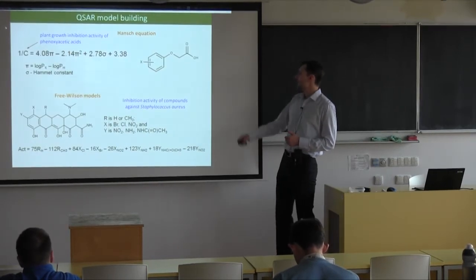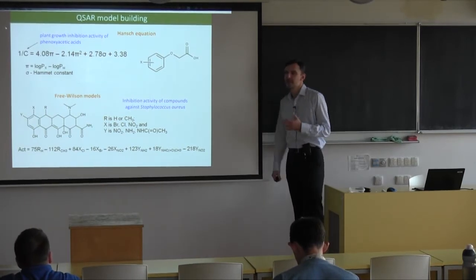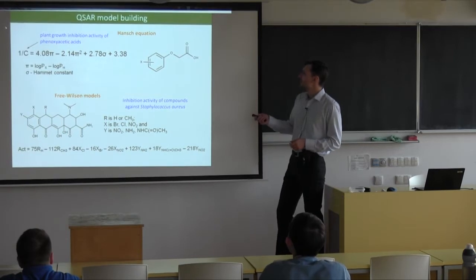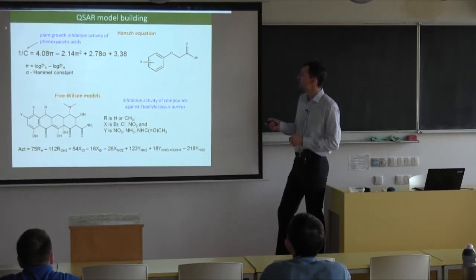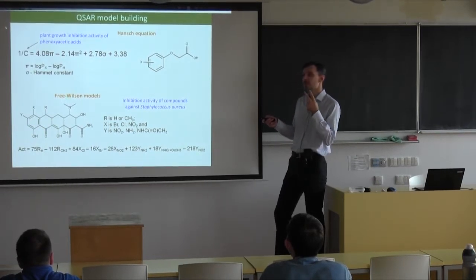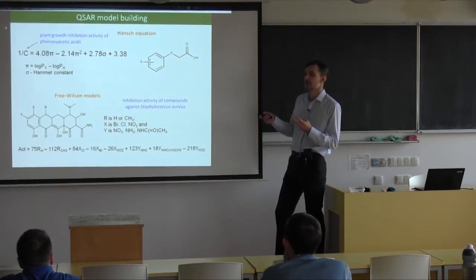So here is just an example of very simple QSAR models. The first QSAR equation, developed by Hansch, represents the correlation and relationship between 2 simple measures, lipophilicity of your compound and the Hammett constant.